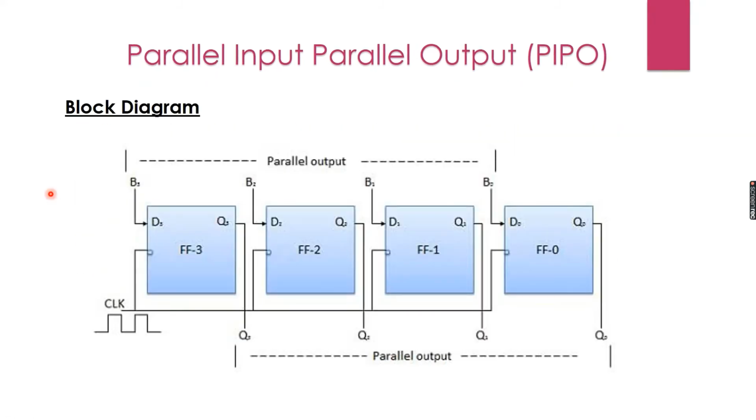Our next shift register is parallel input parallel output, PIPO. In this mode, the 4-bit binary inputs B3, B2, B1, B0 are applied to each flip-flop at their inputs D3, D2, D1, D0 respectively, and when the negative clock edge is applied, the input binary bits are loaded into the flip-flops simultaneously, and the loaded bits appear simultaneously at the output side, and only 1 clock pulse is required for this purpose.